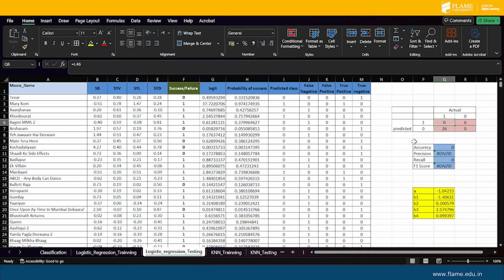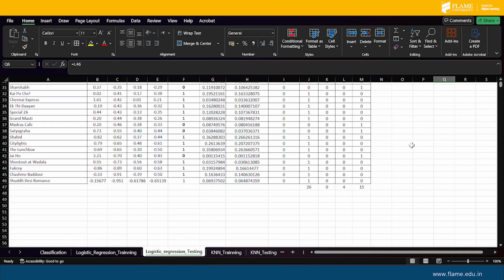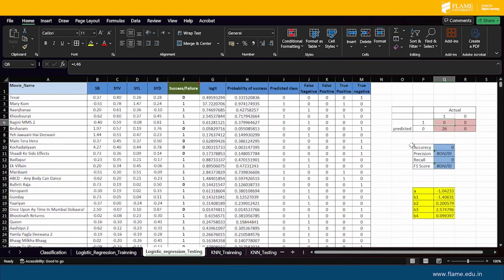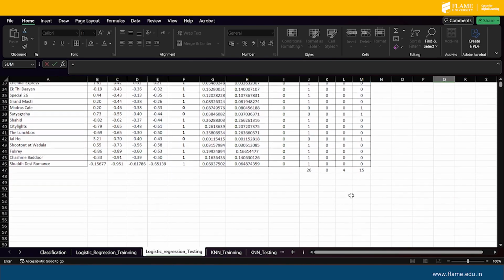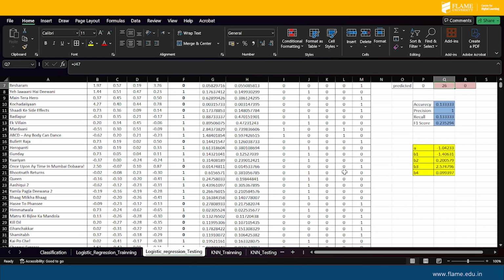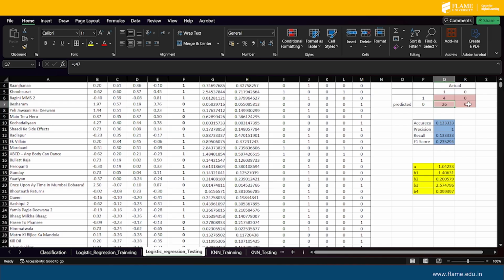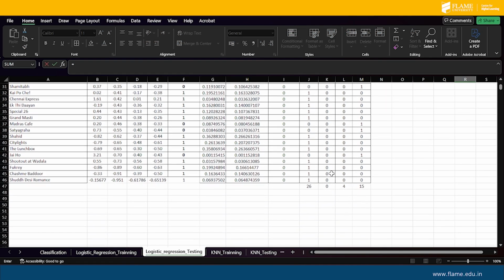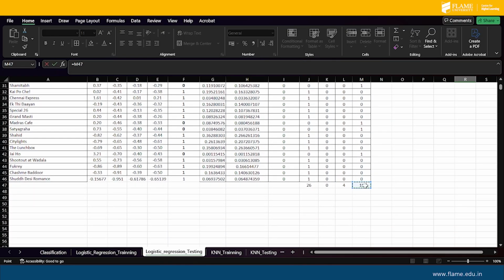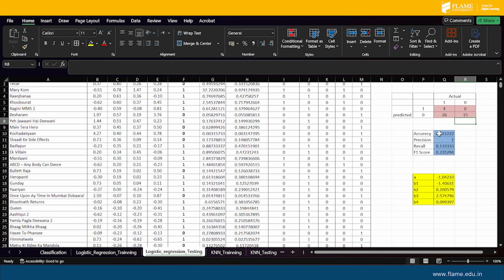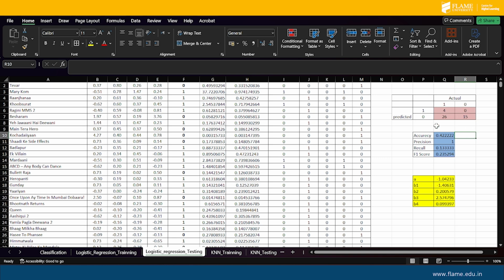How many times have we predicted 1 as 1? That is 4. And how many times have I predicted 0 as 0? That is this one. So now this is our confusion matrix: 4, 0, 26, 15.